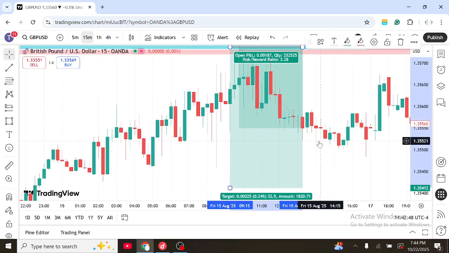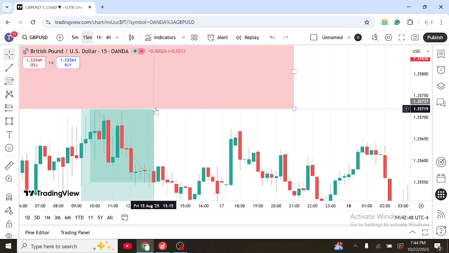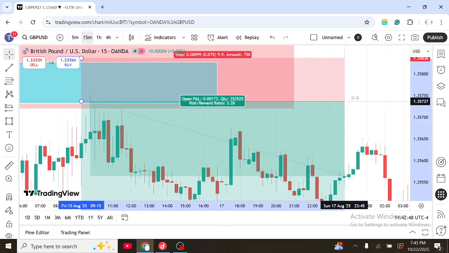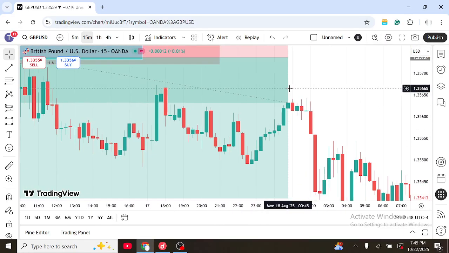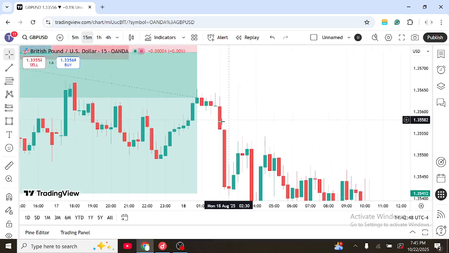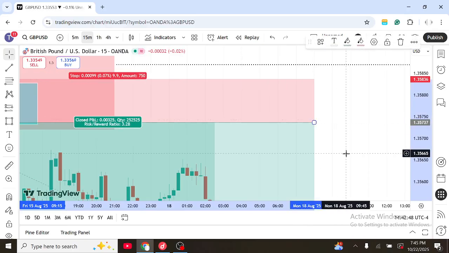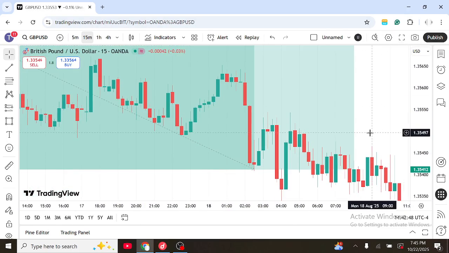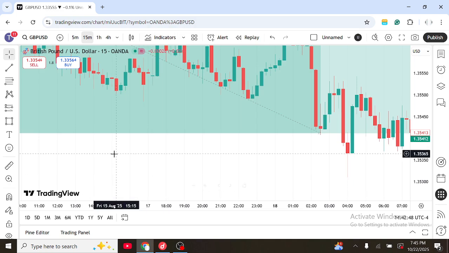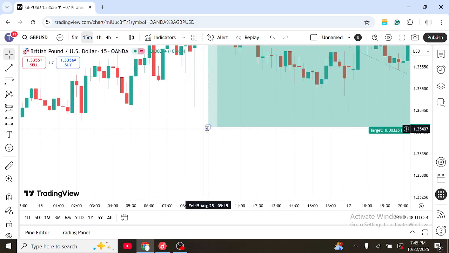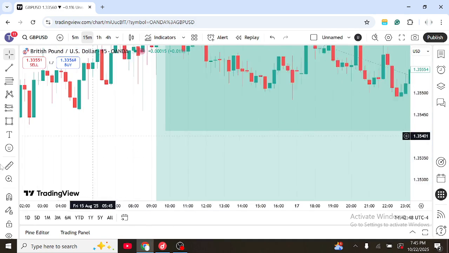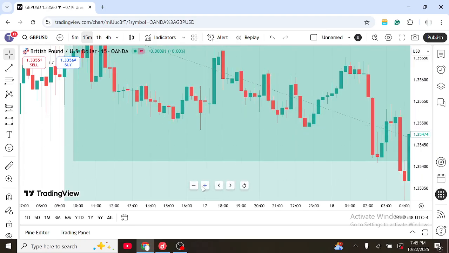If you want to be conservative, you can do 1:3. But if you are trading a prop firm account, you can actually risk 2% in one trade and make your entry if you are sure or confident about this entry model. So I just prefer 1:5. All right.